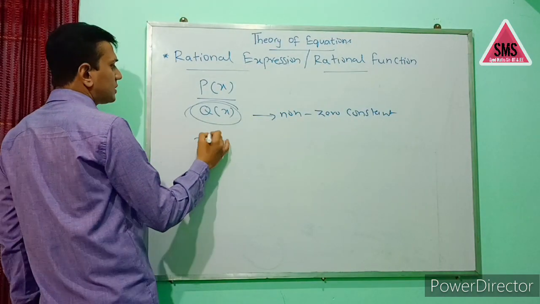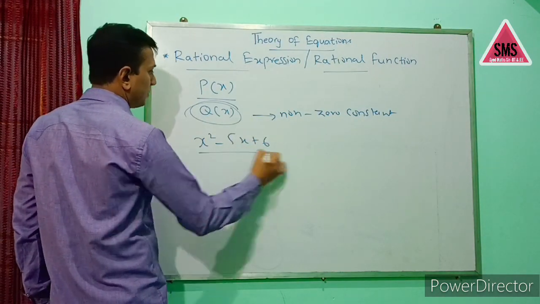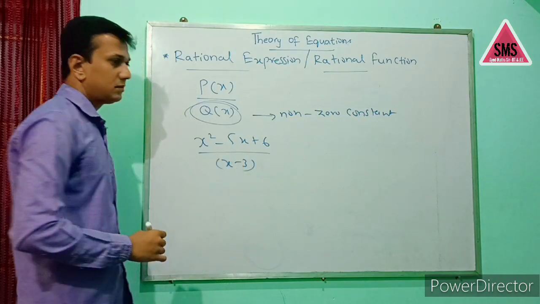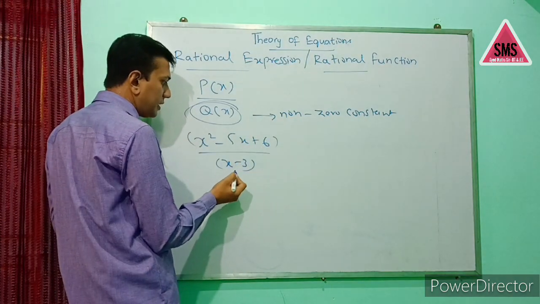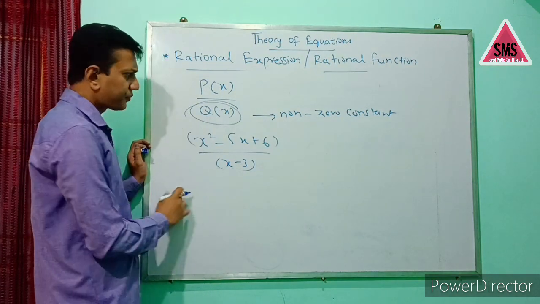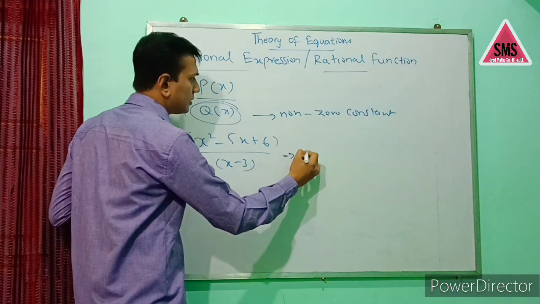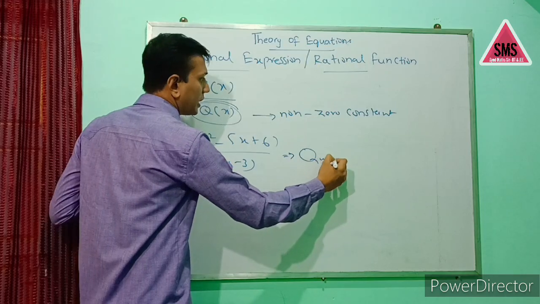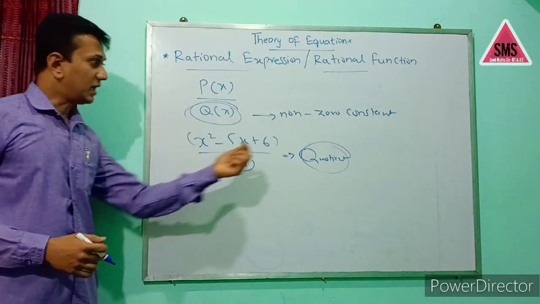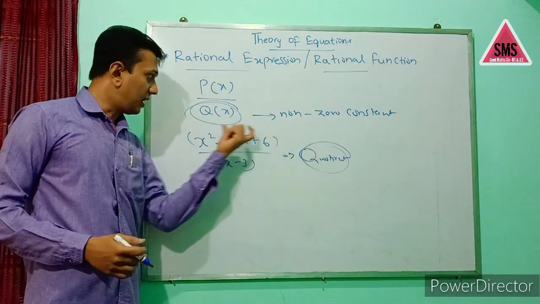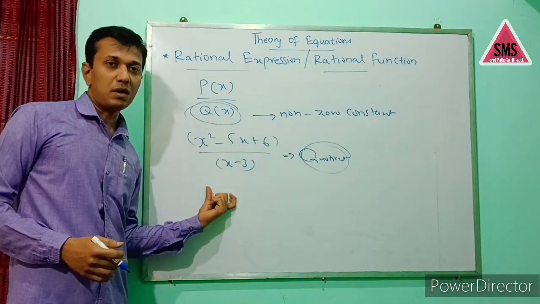Example, x square minus 5x plus 6 by x minus 3. So, on dividing this polynomial with this linear polynomial, we are going to get one quotient. That is a polynomial. That means that polynomial can be represented in the form of a fraction.